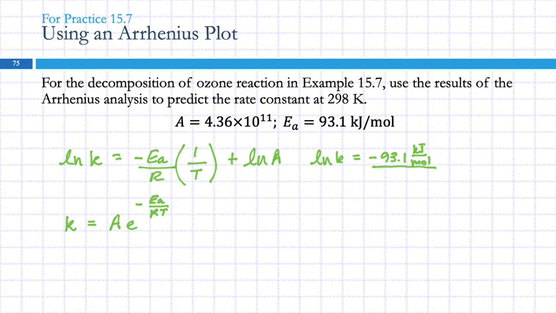Divided by R, 8.314 joules per mole Kelvin, times 1 over the temperature, which is 298 Kelvin, plus the natural log of A. Didn't leave enough room. Common problem, 3.6 times 10 to the 11.